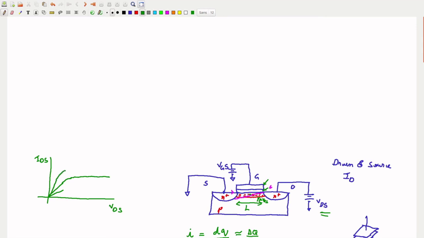This is the drain characteristics of MOSFET.